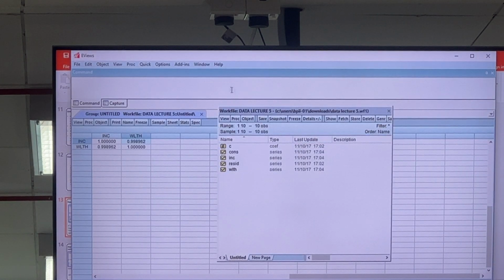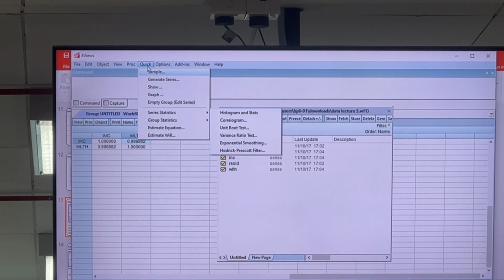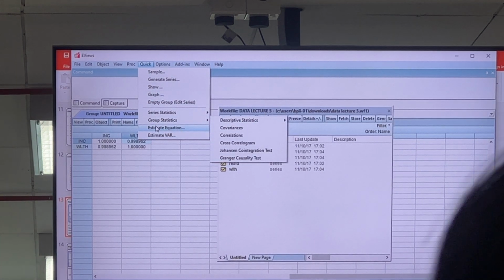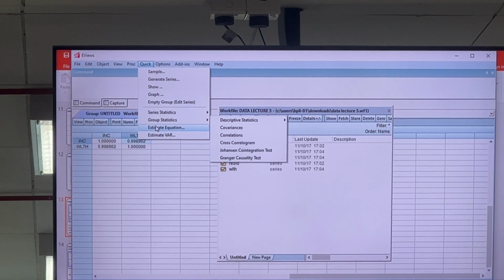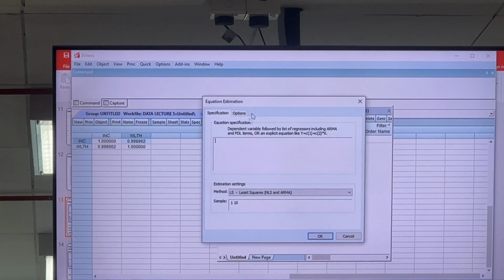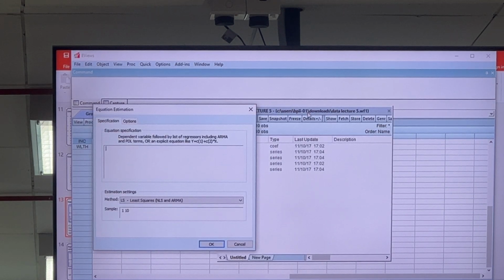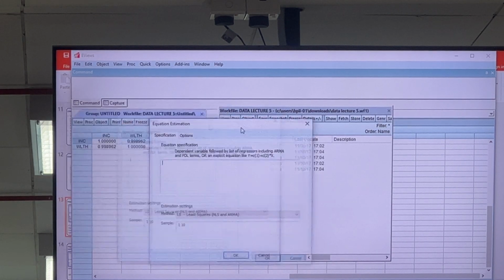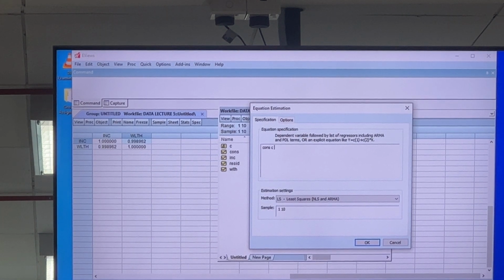So this one, we estimate the model. You go to Quick, Estimate Equation. Okay, so you type the variables that we have. We have consumption and C for intercept.